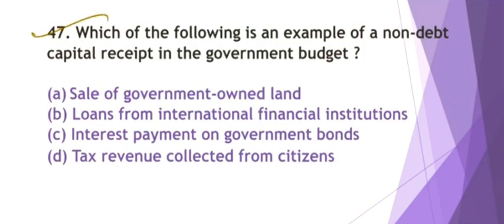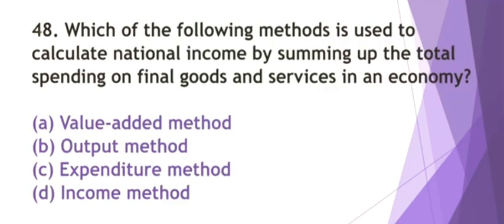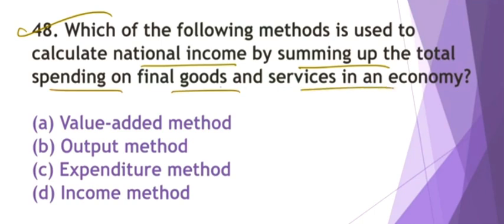47. Which of the following is an example of a non-debt capital receipt in the government budget? Option number A, sale of government owned land. 48. Which of the following method is used to calculate national income by summing up the total spending on final goods and services in an economy?